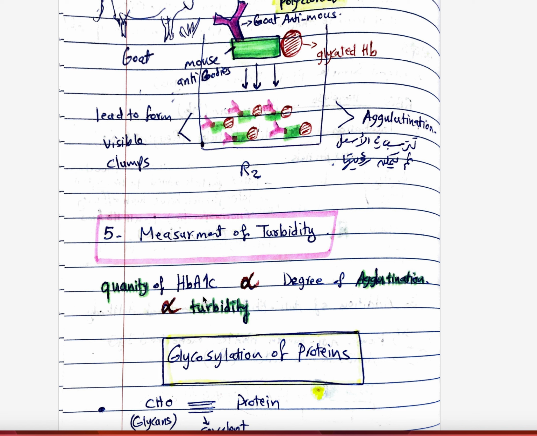So the quantity of hemoglobin A1C is proportional to the degree of agglutination, proportional to the turbidity. They form clumps at the bottom of the sample that we can see, and increasing these clumps means increasing the concentration of hemoglobin A1C, increasing the turbidity.